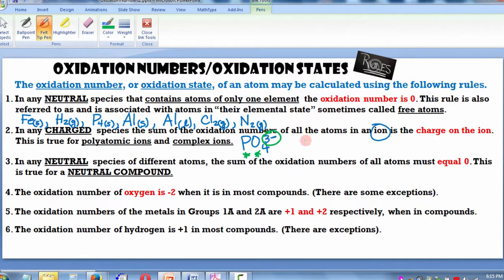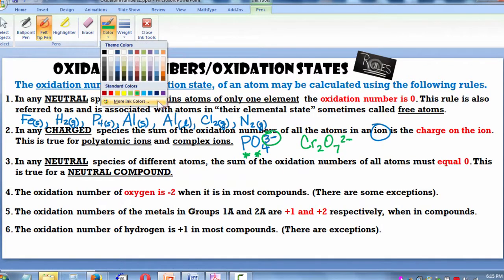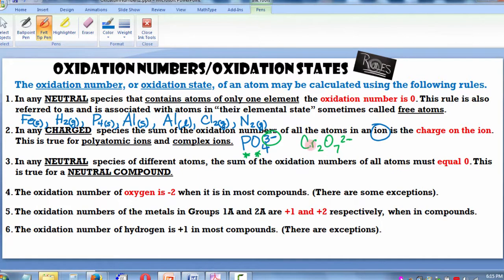So if we do dichromate, Cr2O7 with a 2 minus charge, the sum of the oxidation numbers for 2 chromiums and the oxidation numbers of 7 oxygens must sum up together to give us a minus 2 or a 2 minus.